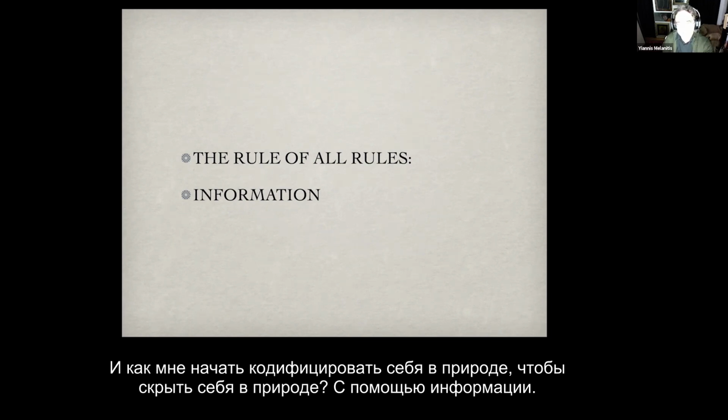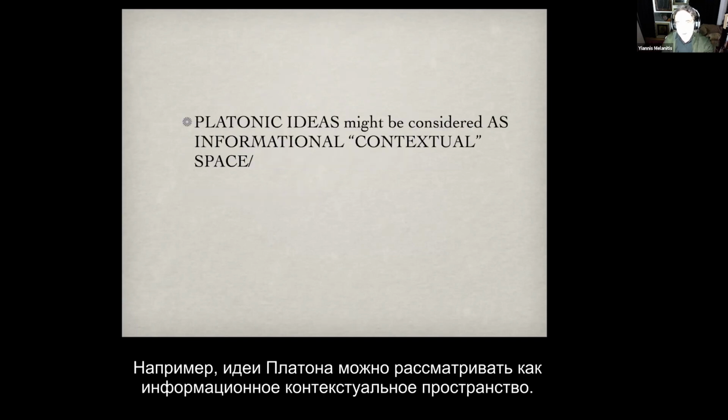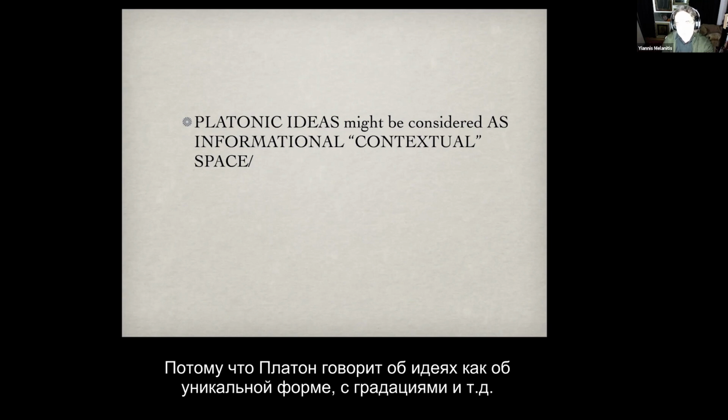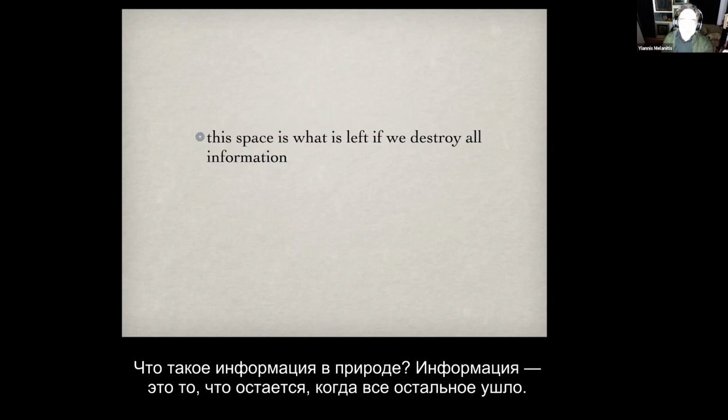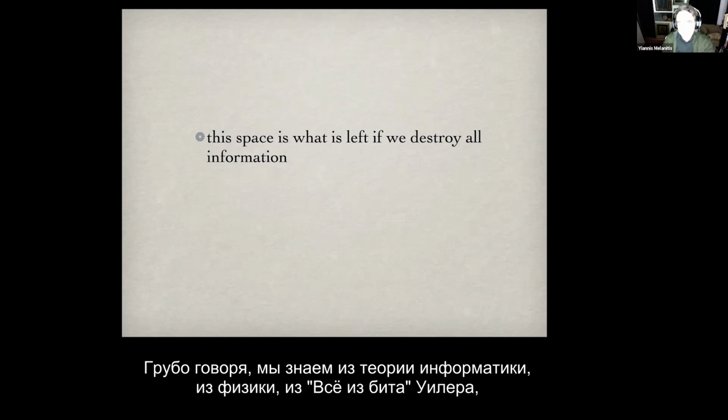It's through information. And for example, Platonic ideas might be considered as informational contextual space, because Plato speaks about the ideas as a unique form with degradations, etc. So what is information in nature? Information is what is left when everything else has gone away. Let's say it in rough terms.